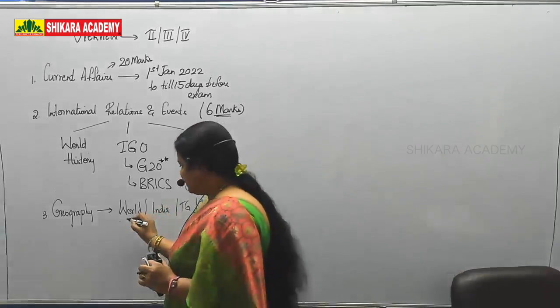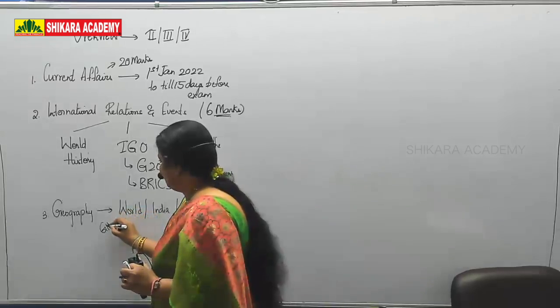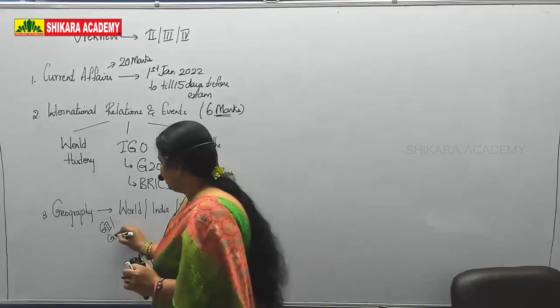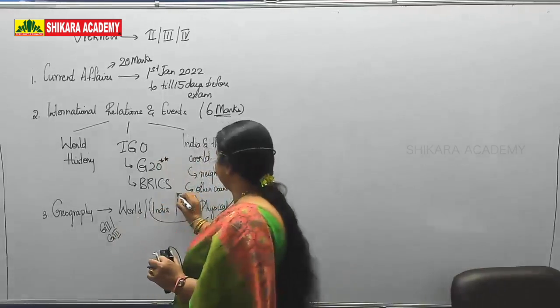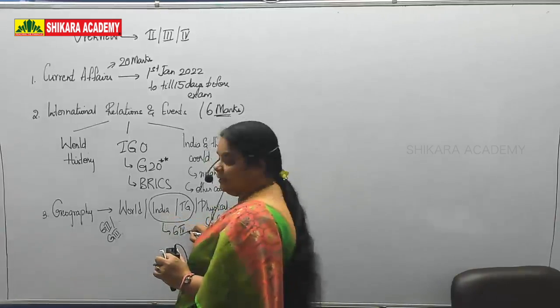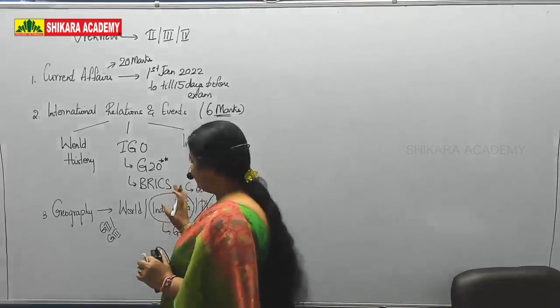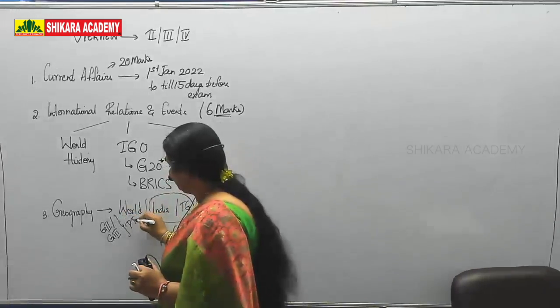Now these 3 are there for group 2 and group 3. However, for group 4 you only have India and Telangana. Roughly the weightage of this for group 2 and group 3, they are mentioned in paper 1.